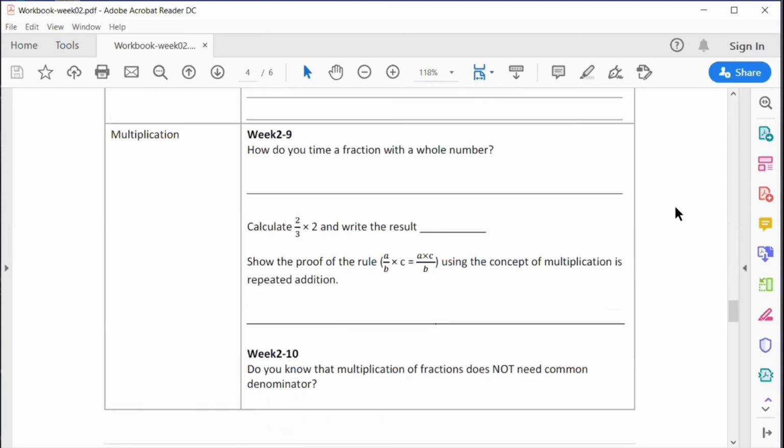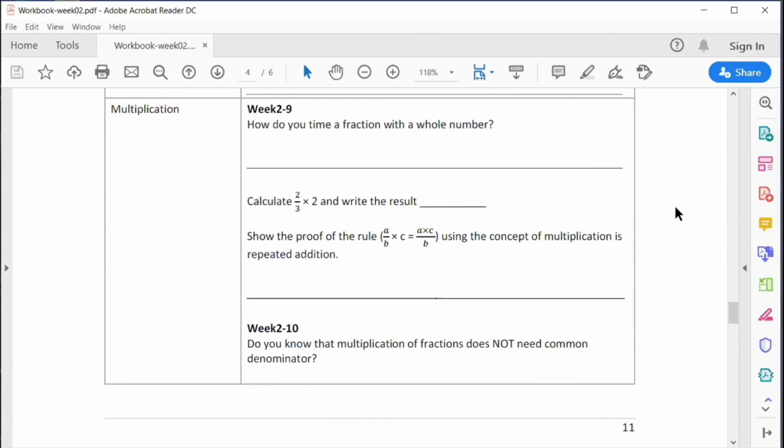Now, the next bit. Number 9 is how do you time a fraction with a whole number? I want you to write it down so you can communicate with other kids. All right, that's pretty simple.